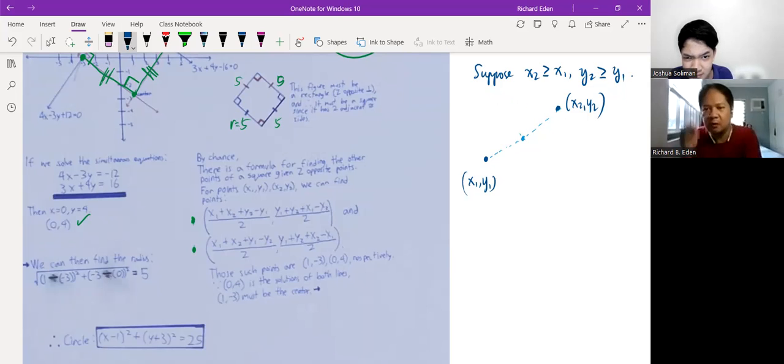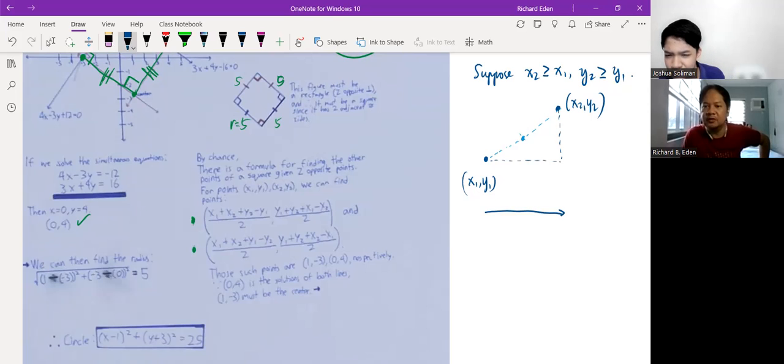Tapos here's how I would like to do it. Kasi I'd like to think in terms of traveling a certain number of units. So ito, to go that way, that would be a displacement of, it's a vector, minus x1.